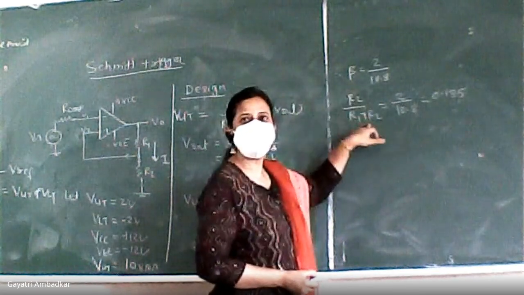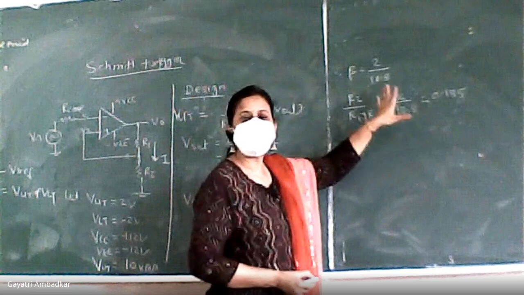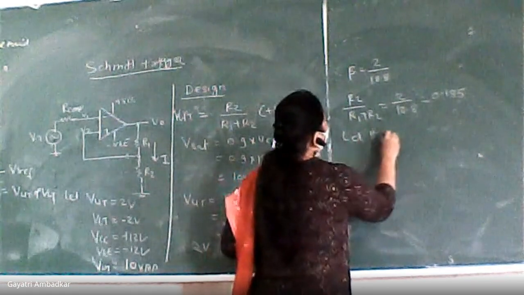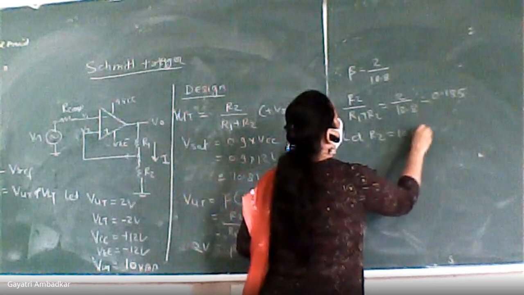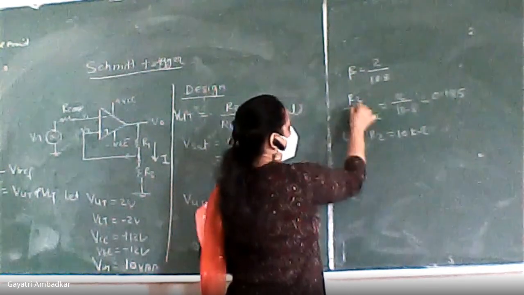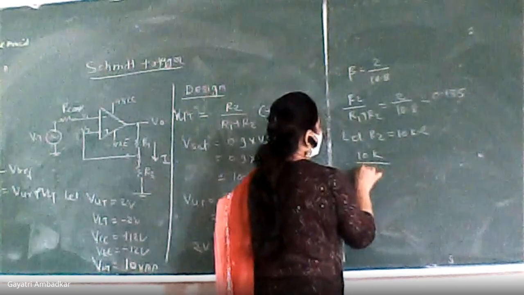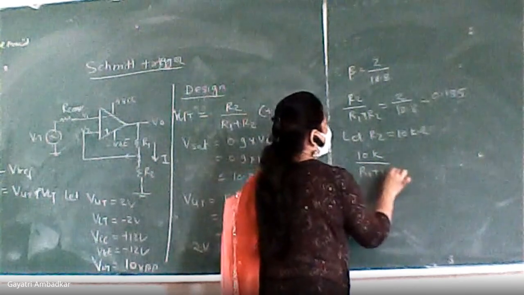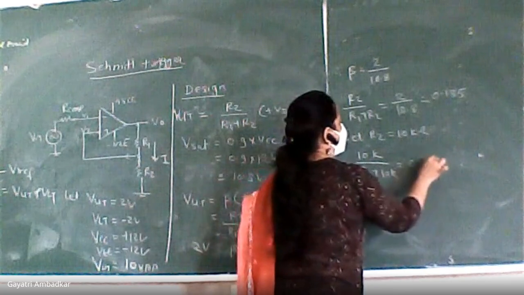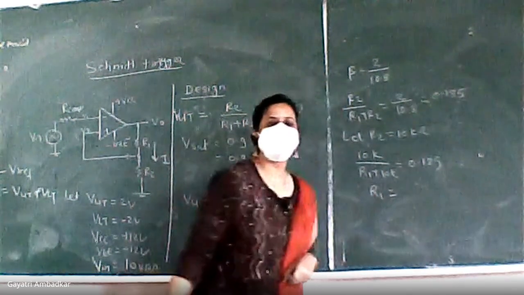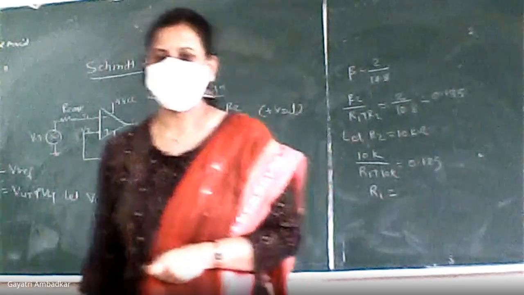If I make an assumption for R2, the further things will become easier. Now put this value. Therefore, 10k upon R1 plus 10k is equal to 0.185. Find R1 from this.